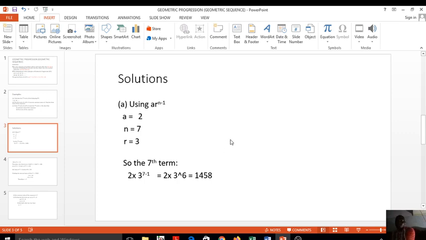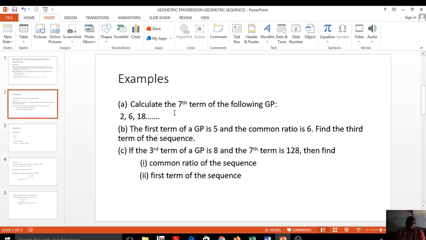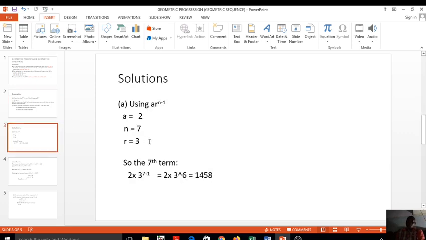So according to our problem, the seventh term of this particular sequence is going to be 1458. Let's go to the next question.